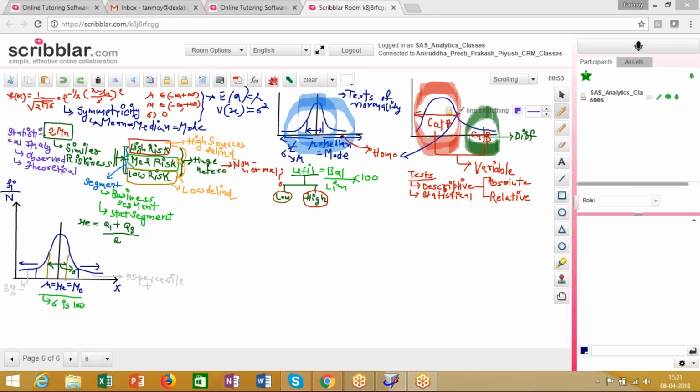Descriptive measure 1 gives me conclusion A, and measure 2 gives me conclusion B. If both give me the same conclusion, then I know this is the same thing. But suppose the statistical models reject the null hypothesis, that is, they reject normality.